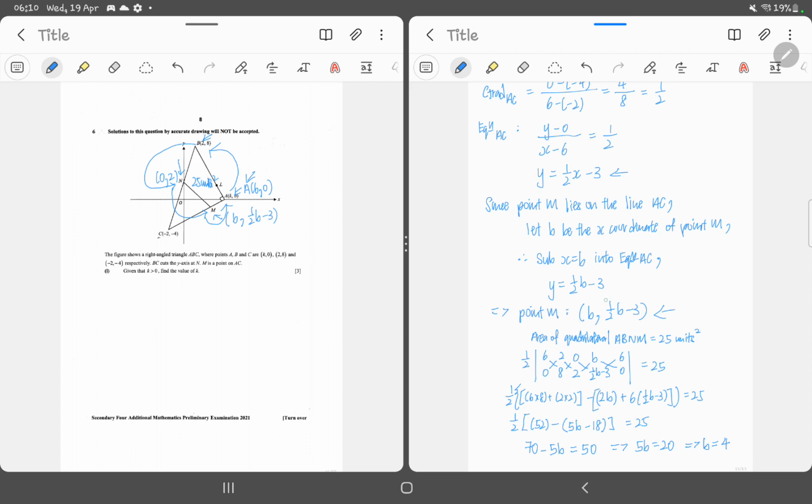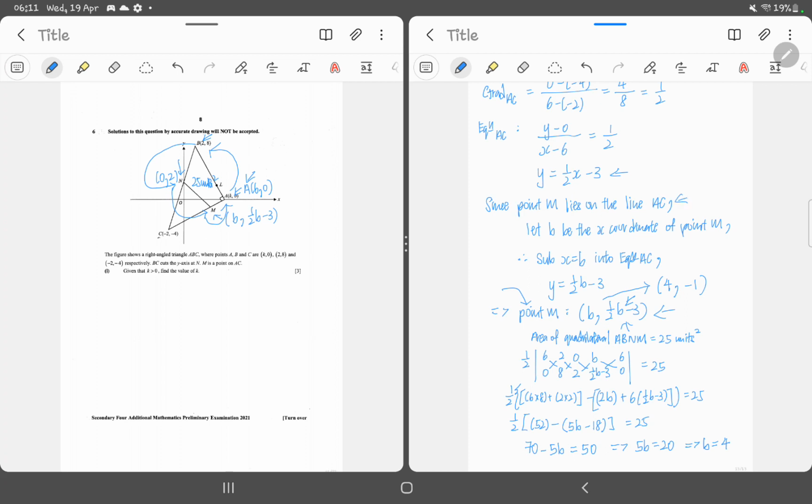So in that case, the coordinates of point M: the x coordinate is 4, and subbing 4 here, it will be 4 divided by 2, 2, minus 3 is minus 1. So that will be the coordinates of point M. Okay, and we are done with the last part of the question, 6 part 3, which is quite challenging, but most of the students might not be able to figure this part out, to find point M in terms of this form using the equation of the line AC.